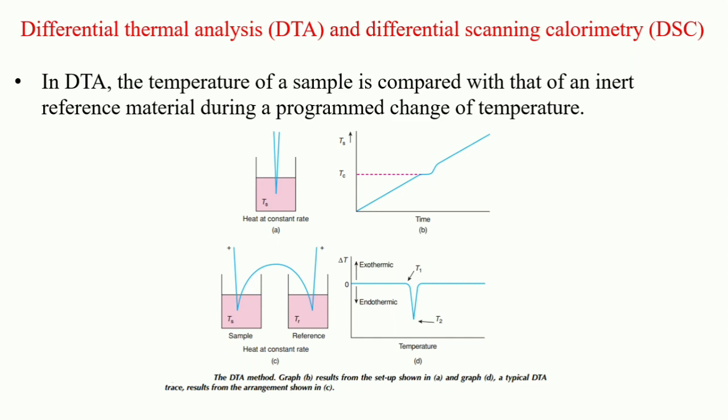When the sample and reference are at the same temperature, the net output of this thermocouple pair is 0. When a thermal event occurs in the sample, a temperature difference, delta T, exists between sample and reference, which is detected by the net voltage of the thermocouples.